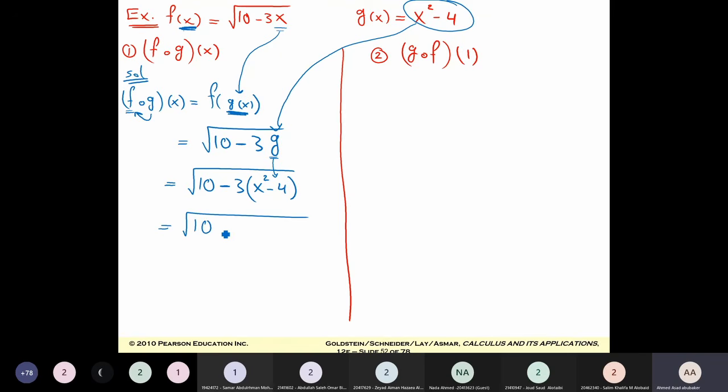So we have 10 minus 3x squared plus 12. So we have 10 plus 12, 22, minus 3x squared. This is the f composite g. Okay, any question? Is there any step that is not clear before we move to the second example?